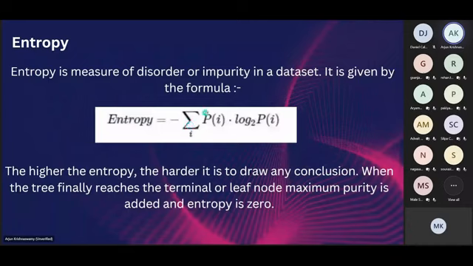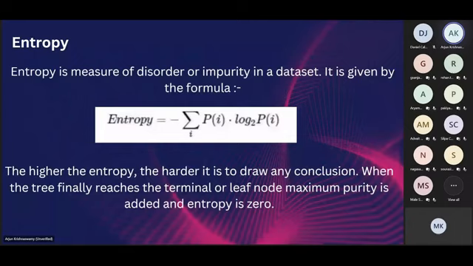So log 1 is 0, and if you use the second term, we get 0 into log of something, which the summation will be 0. Basically what it means is the entropy value is 0 for a pure node, which is the same as what we found out for Gini impurity. The Gini impurity value was 0 for a pure node or a leaf node.